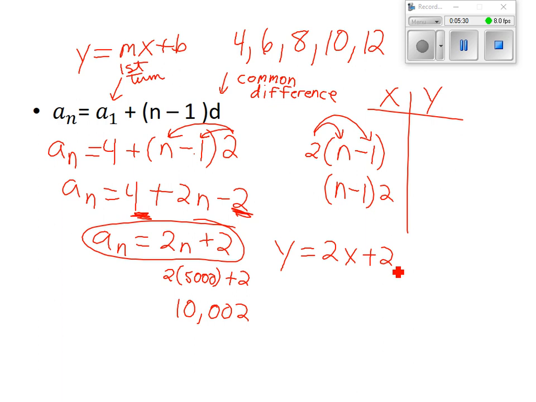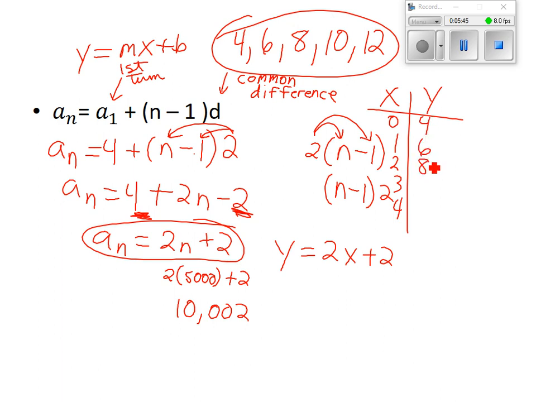Arithmetic sequence more goes with something like this, where you just have one set of numbers. Slope-intercept form goes where you have 0, 1, 2, 3, 4, then over here you have 4, 6, 8, 10, 12, and so on. So you have an ordered pair. Same setup though.